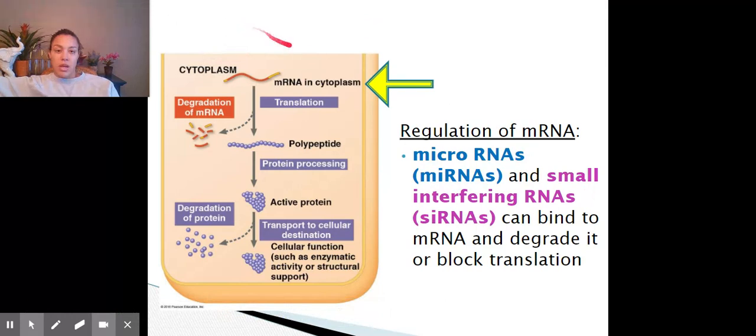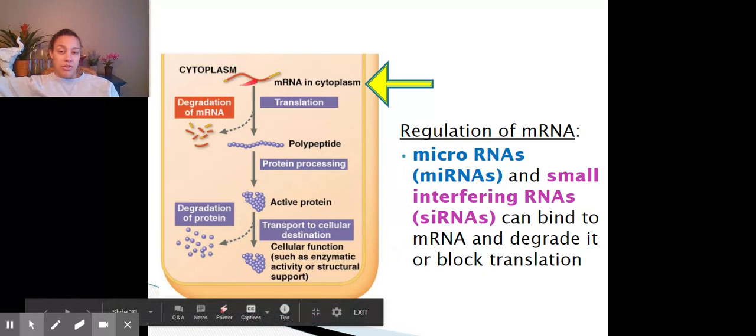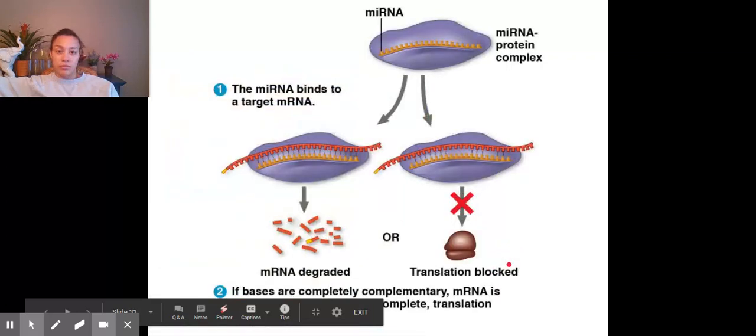And then there are little micro RNAs or interfering RNAs that can bind and block translation as well. Once that messenger RNA transcript leaves, it can go through and block translation and shut it down, or it can assist in the movement of that messenger RNA complex to the ribosome.